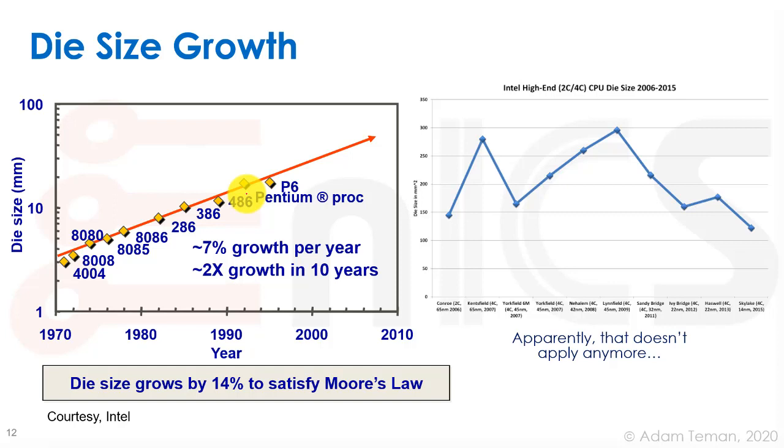We saw in our cost models that the die size increases the cost of the die to the fourth, so it was a function of to the fourth, and that's probably why the die size hasn't continued to grow.